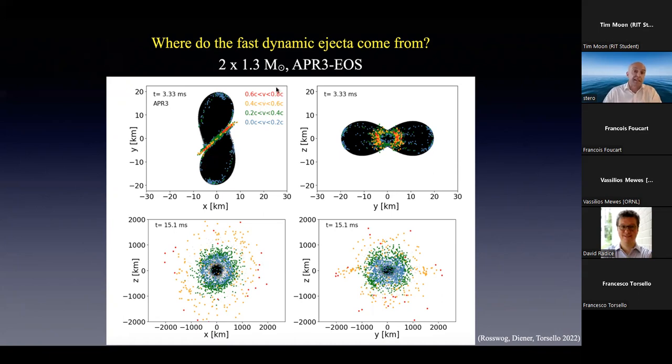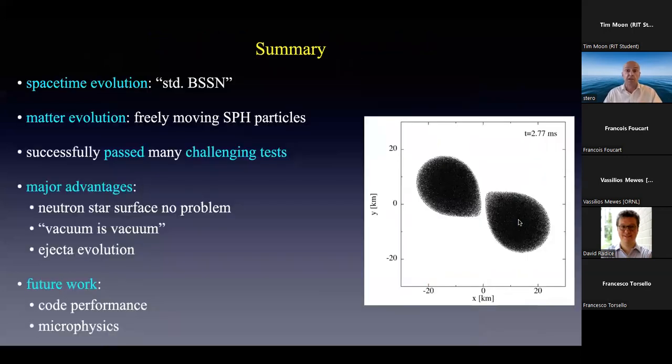And what we find is that the fastest part is really coming from this interface between the two neutron stars. And this is the same thing, but now just in Y and Z. And the distribution at the very end is pretty similar. It is pretty spherical, what we see here. But of course, this may change with different physics. Neutrinos may play a role, and certainly the mass ratio makes a difference here.